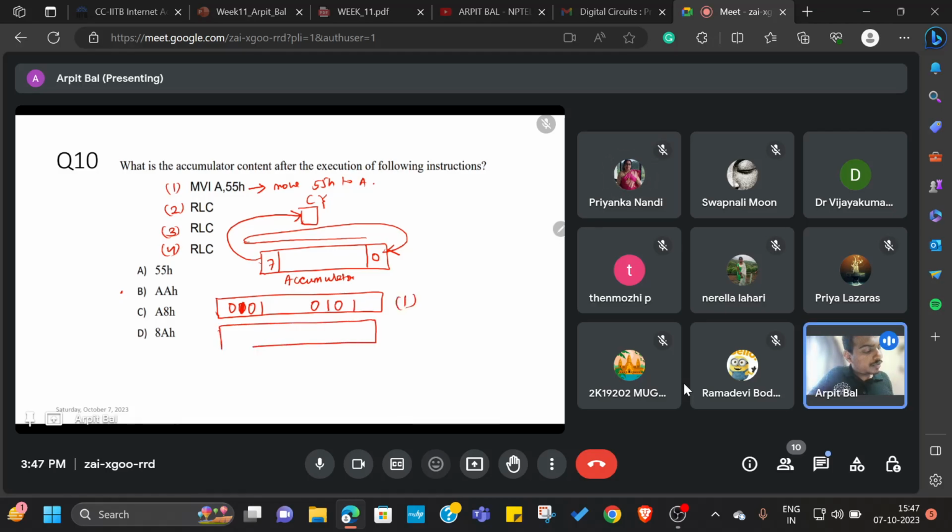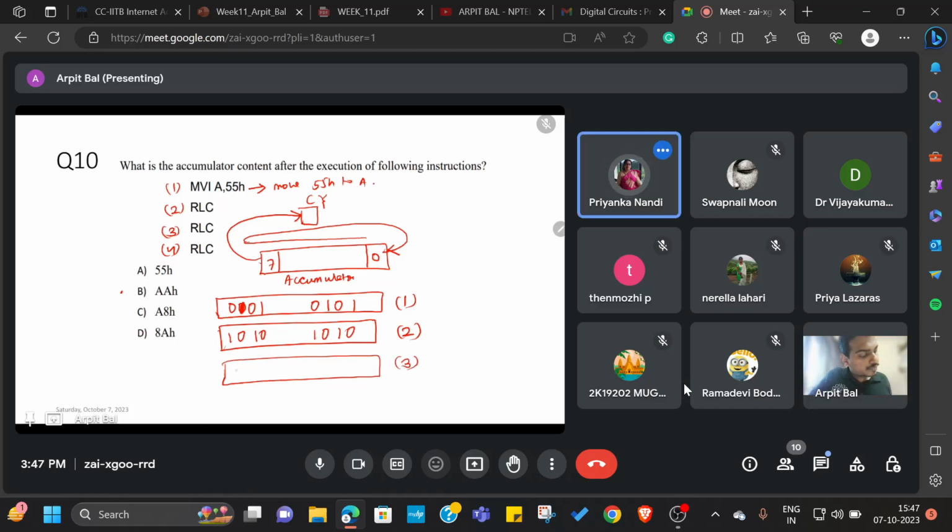In step 2, what happens? RLC, so it should move one bit to the left: 1 0 1 0 1 0 1 0. Similarly, for the next step, 0 1 0 1 0 1 0 1.